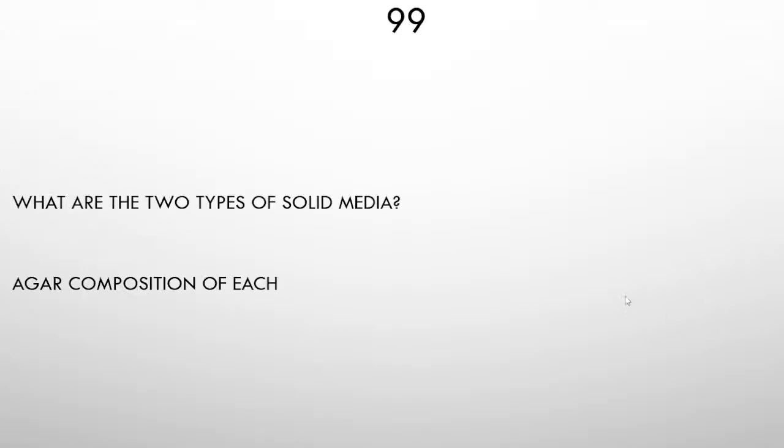So there are two types of solid medium: liquefiable and non-liquefiable. The percentage of agar in a liquefiable agar medium is 2 to 3%, whilst a non-liquefiable culture medium is 0%. Why is that so?